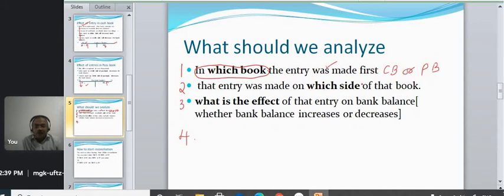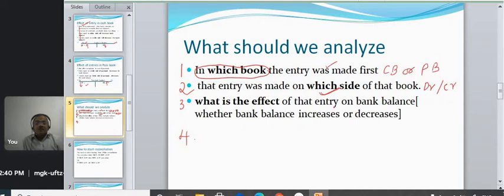After identifying in which book the first entry was made, the second point is to analyze on which side it was made, whether on the debit side or on the credit side. You must be able to identify it.